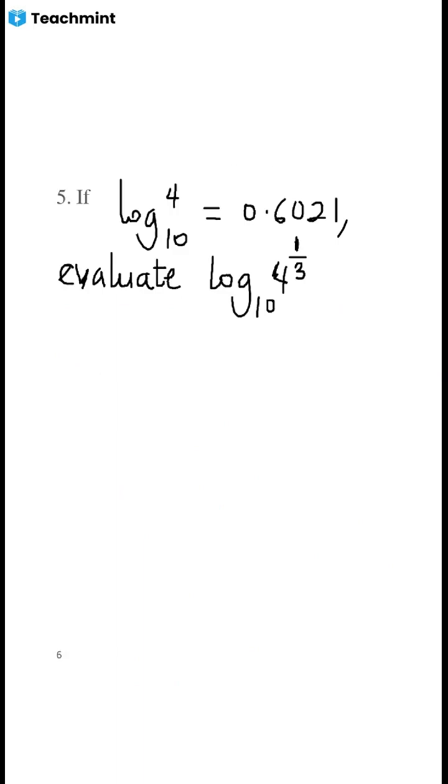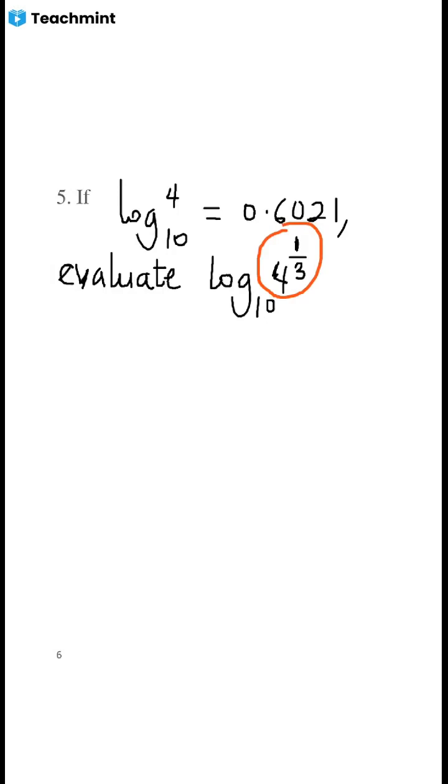We still have another similar question, but this one is even simpler. You can see this is log 4 raised to power 1 over 3 base 10. You can see this is one of the laws that we learned about finding the index number, a number in index notation or an exponent. 4 raised to power 1 over 3.